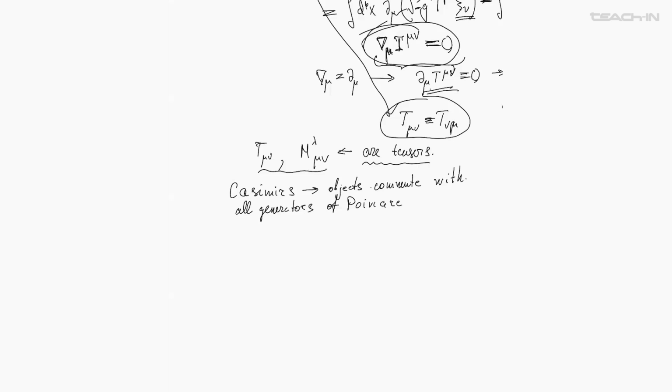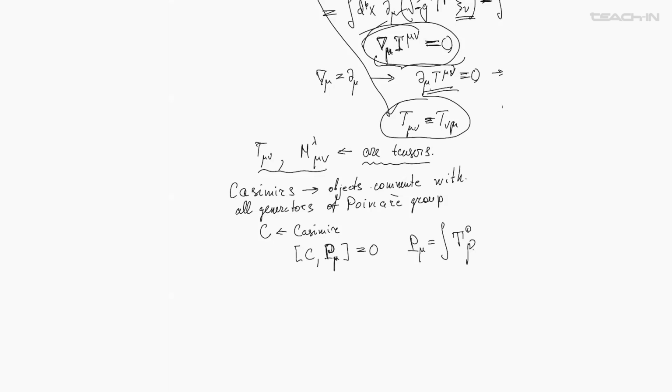This means that if I take C to be a Casimir, then it must commute with all generators of translations, and the generators of translations are P mu, components constructed as conserved charges related to the stress tensor. So the zero component of T0 nu, let's write here mu, integrated over spatial directions.